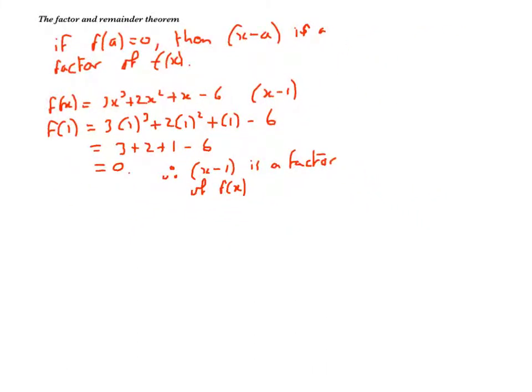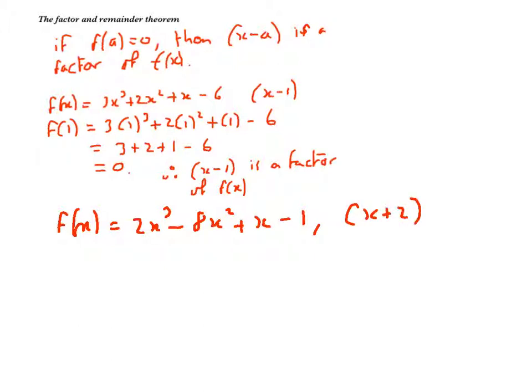Let's try another example. If we had f of x equals 2x cubed minus 8x squared plus x minus 1, and again it says, is x plus 2 a factor, for example. This time, remember, it says here x minus a, so my a must be minus 2.